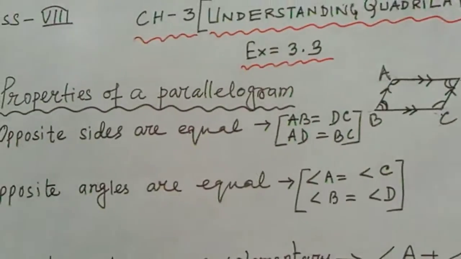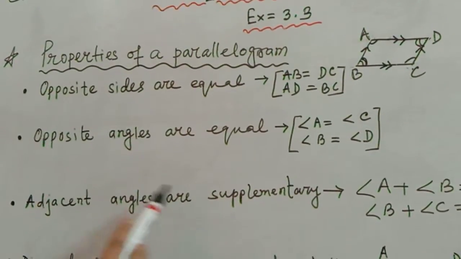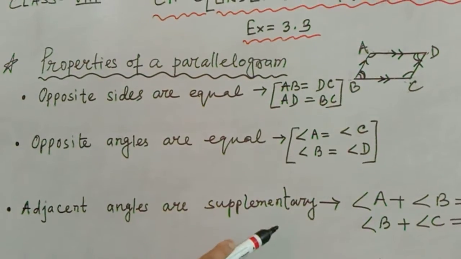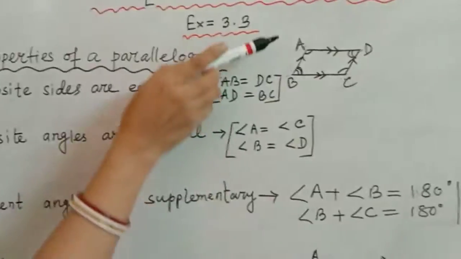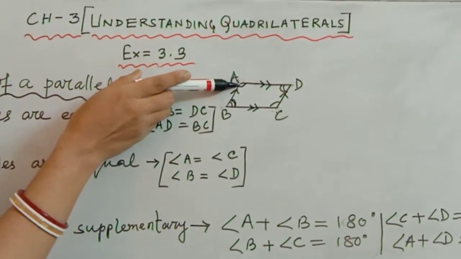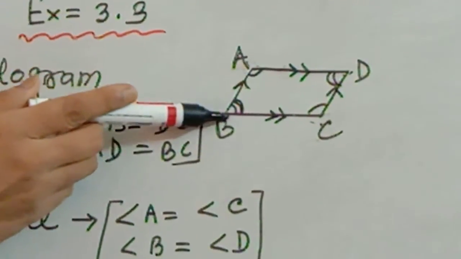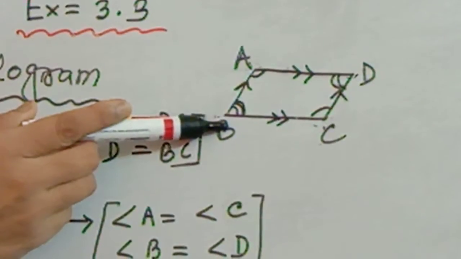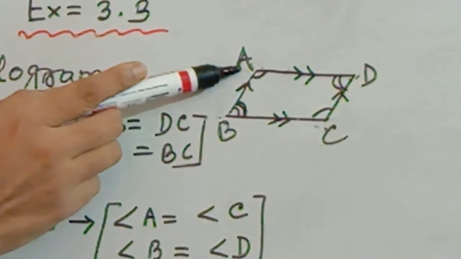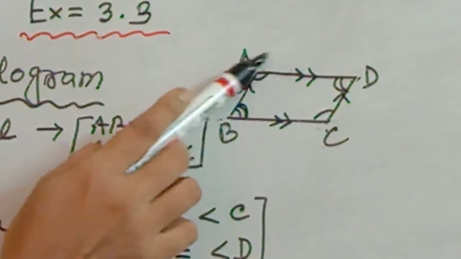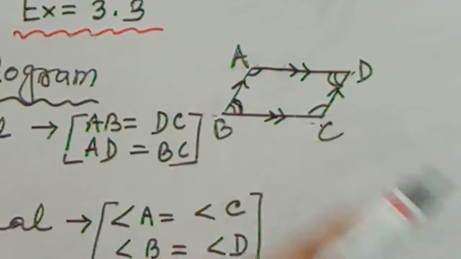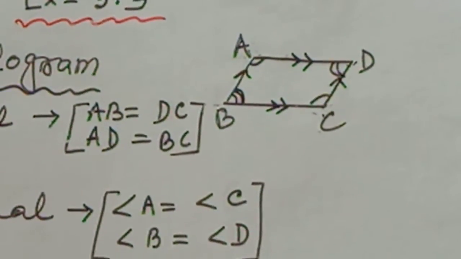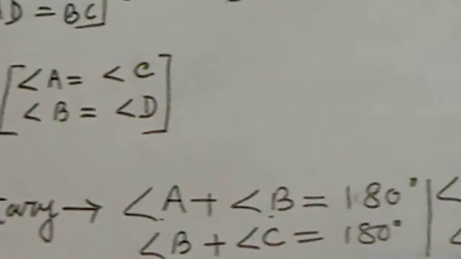Third one, adjacent angles are supplementary. What do you mean by adjacent angles? If you are taking angle A, then its adjacent angle will be B. Then A plus B is equal to 180 degrees. Again, if you are taking A, then another adjacent angle with A will be D. Then A plus D is also 180 degrees.